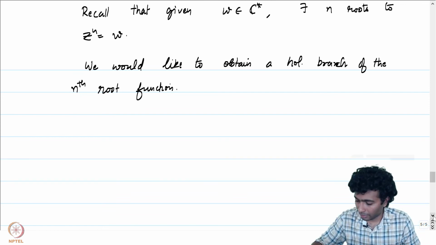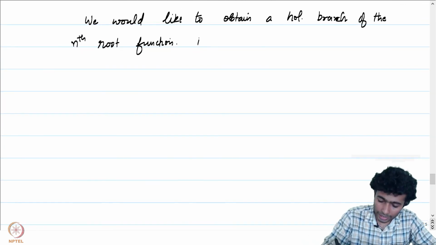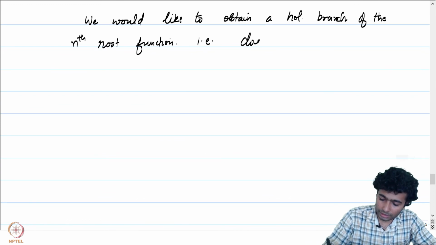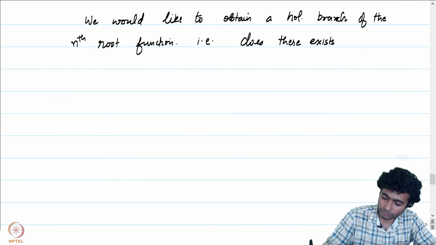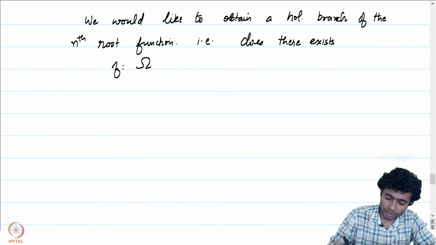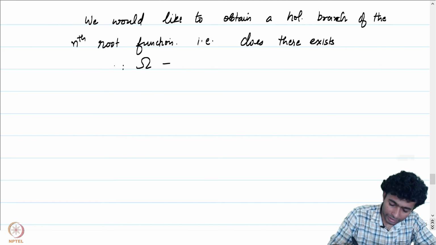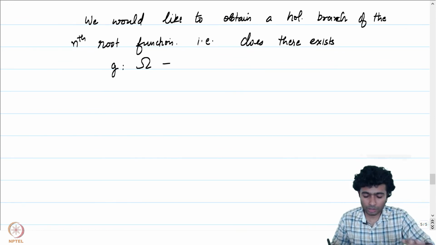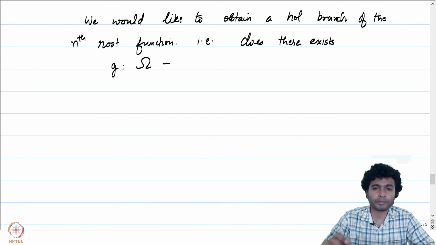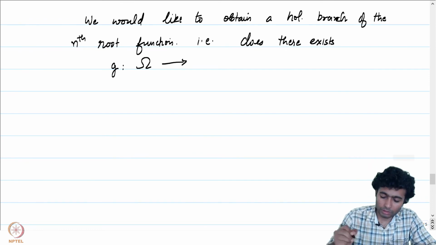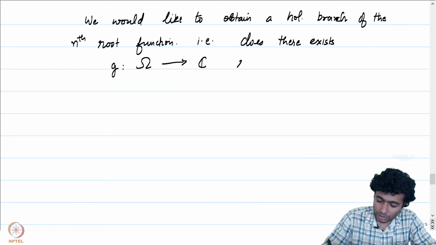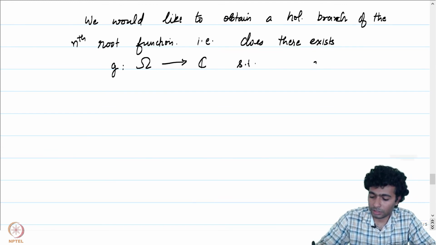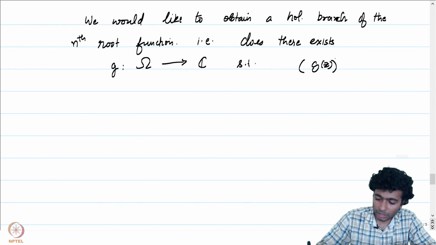Just so that I am not being ambiguous with words here, does there exist f from omega? I will not use f, f was already taken generally to denote the branches of the complex logarithm. So let me pick g from omega to C such that g of z to the power n is equal to z for all z in omega.